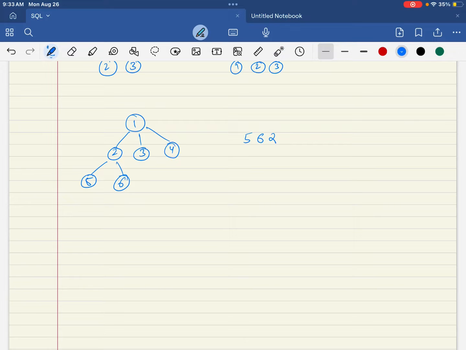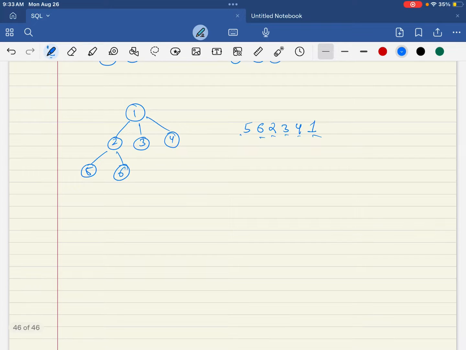So we process 3 and then we process 4, and then the pointer comes back to 1. We process the root node at last. So this is how it works, and 5 6 2 3 4 1 would be the answer.